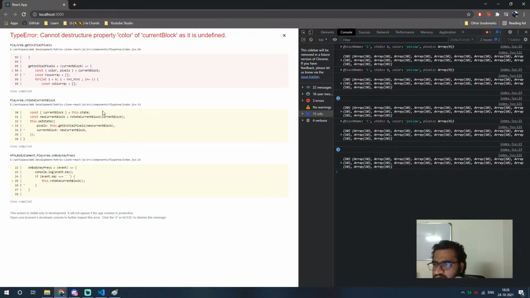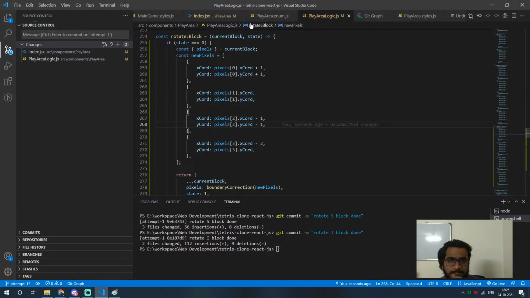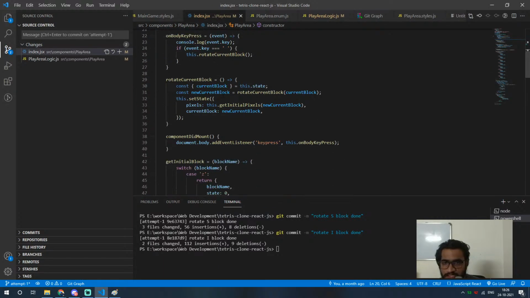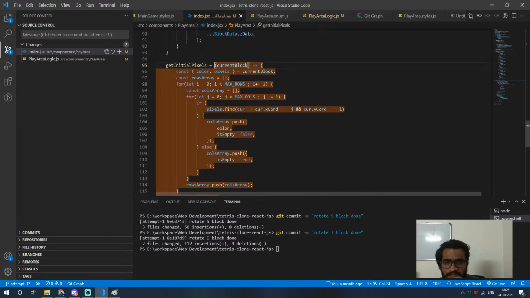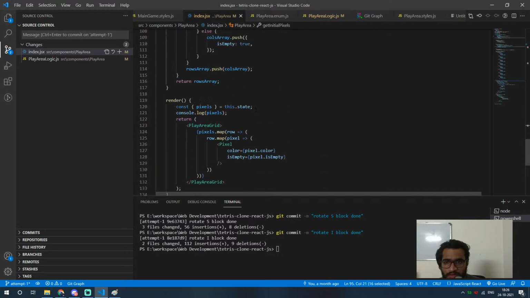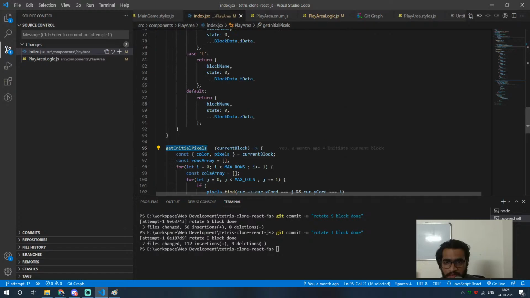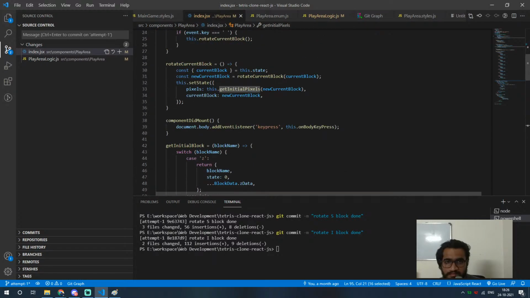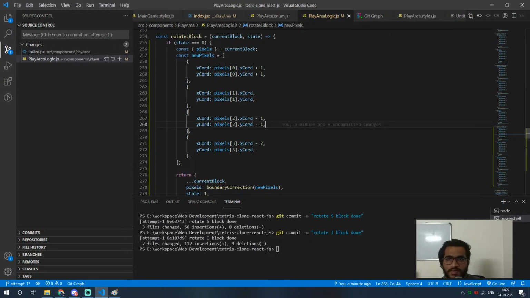What is this? What is this function? It is creating rotate current block, get initial pixel, new block, new current block.